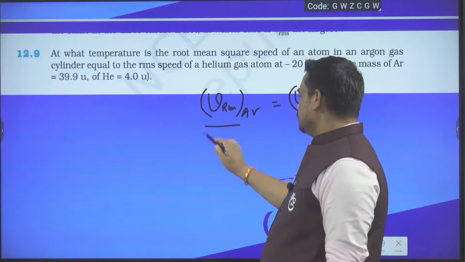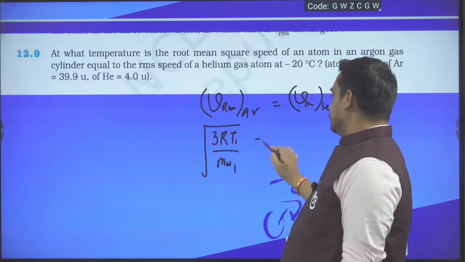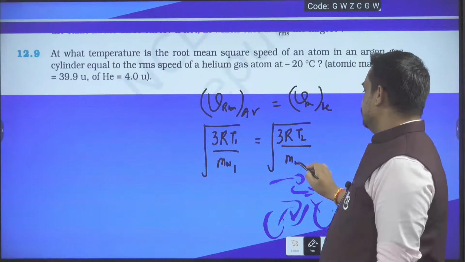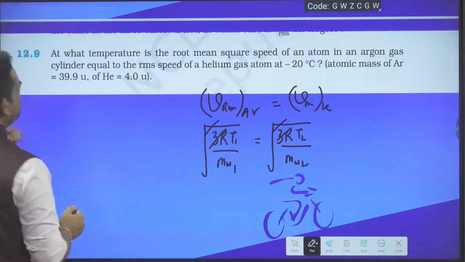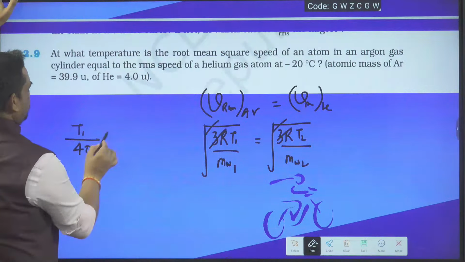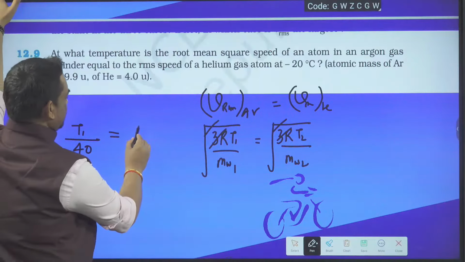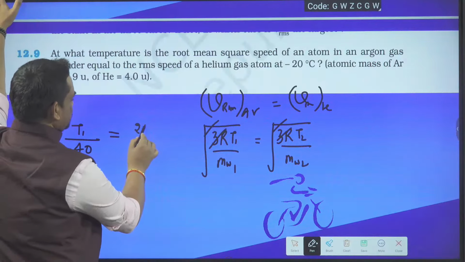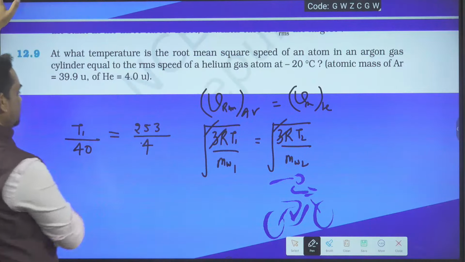Formula is root of 3R T1 by MW1 equal to root of 3R T2 by MW2. Root will be cancelled, 3R also cancelled. T1 is basically we have to figure out. MW1 we can say 40 for the argon. 39 given, I have taken 40, and T2 is given -20. So you can convert 273, so this becomes 253. Divide by M2, it is the 4. Calculation we can do.